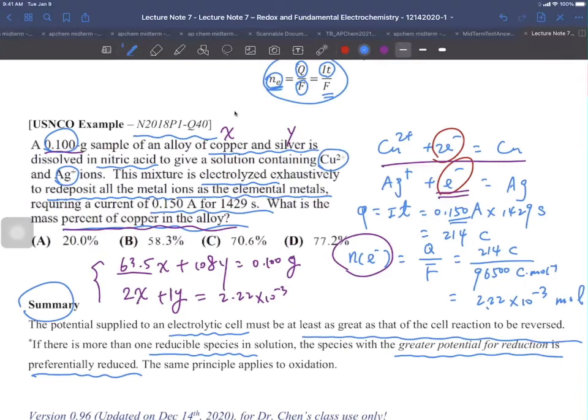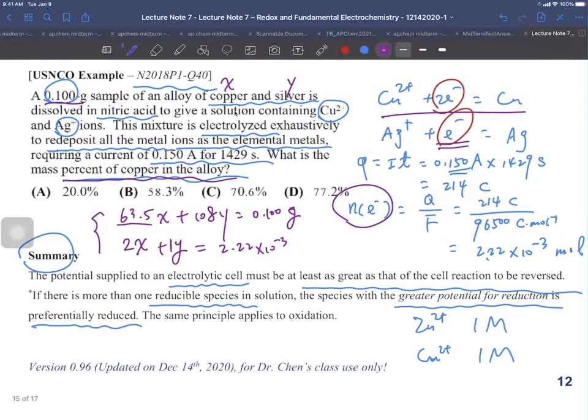For example, in the solution, if we have both zinc 2+ and copper 2+ with the same concentration, let's say both are in standard state, 1 mole per liter, and then which one will gain the electrons first? It should be the one with a larger reduction potential, which is the copper 2+. Why? A larger reduction potential means easier to gain electrons, right?